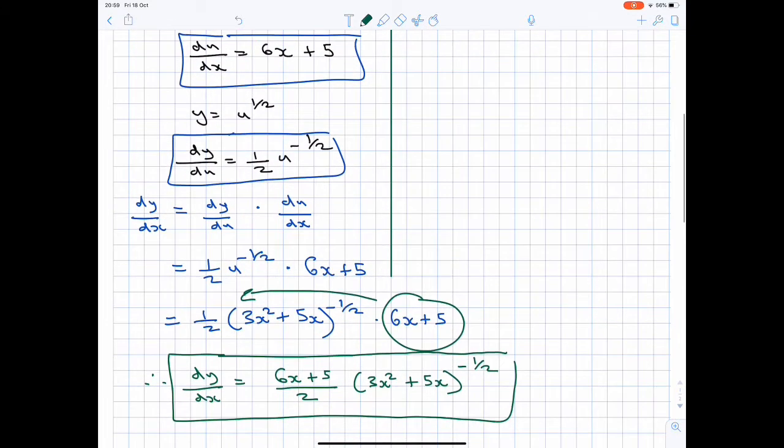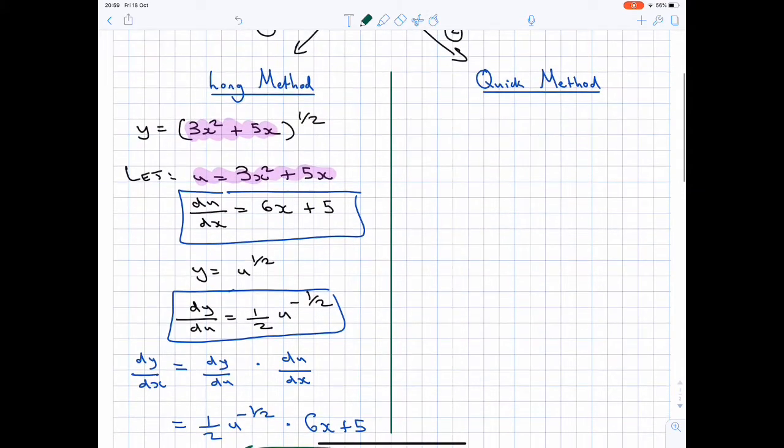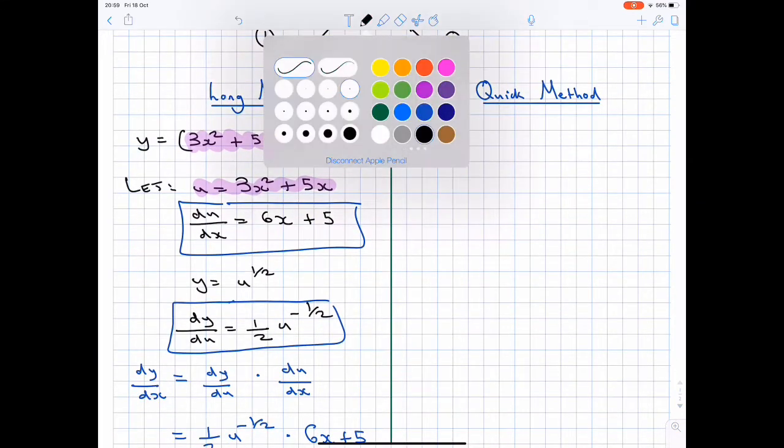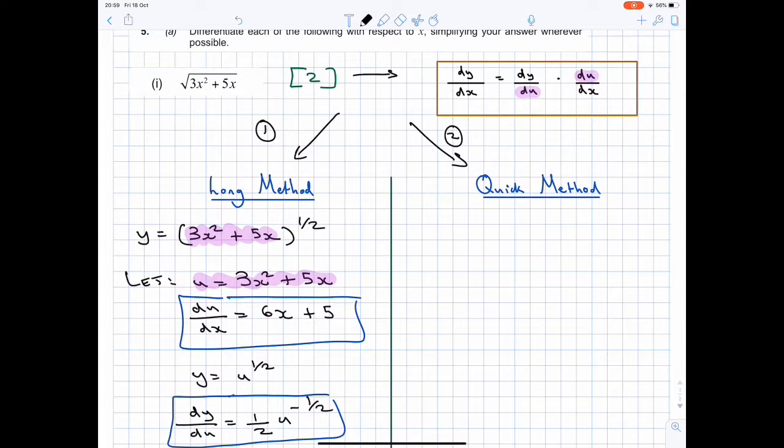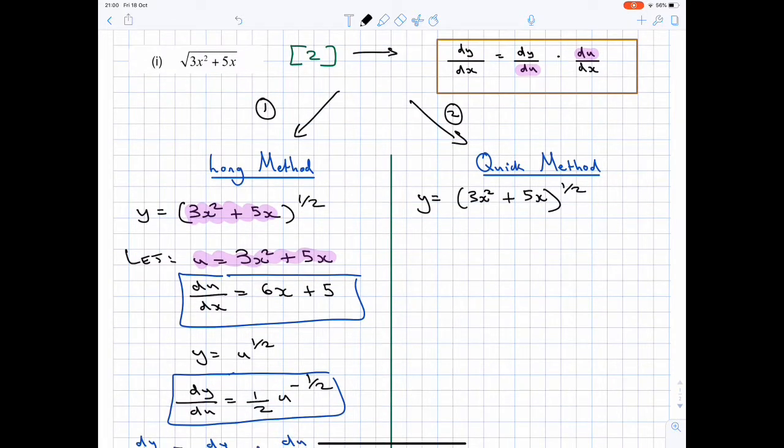But let's see if we can get this same answer using the shorter method, which I was mentioning earlier. The first step stays the same, so we're going to just write the question in this format here. So y equals 3x squared plus 5x, and obviously that's to the half now. Now the next part is very important. So we're going to say dy by dx.